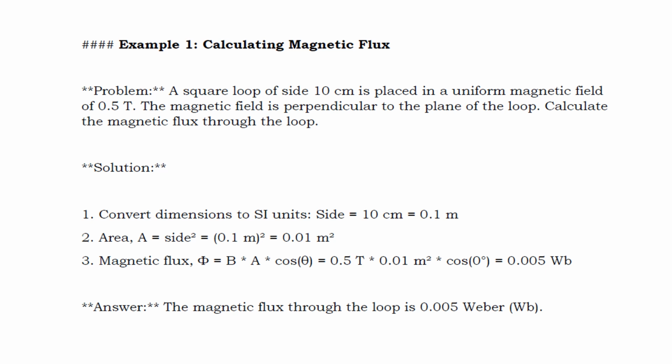And to get the area, we just have to square one side of the square, right? 0.1 meter squared, it's 0.01 square meters. For us to be able to get magnetic flux or phi, B times the area times the cosine of theta, which, if it's perpendicular to the plane of the loop, is 0 degrees. The final answer would be 0.25 Weber.